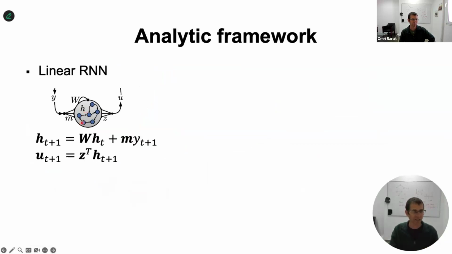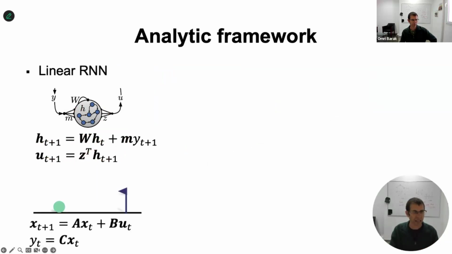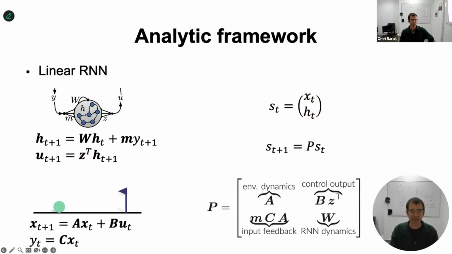So the RNN is a classic linear network, recurrent connectivity, input, and the output is given by some readout vector. The state is also a linear dynamical system, which means that we can stack them together, both world state and RNN state, and then we have a linear system that has this block structure: both the environment dynamics, RNN dynamics, and the RNN world interaction.